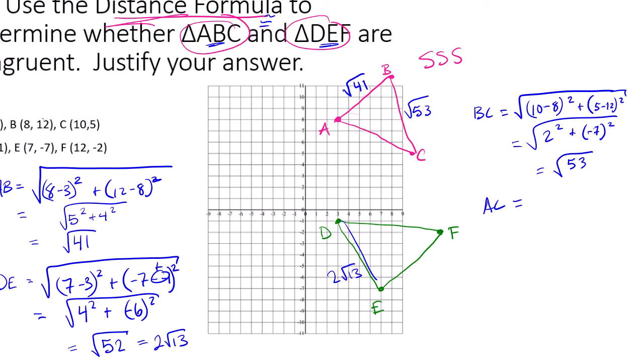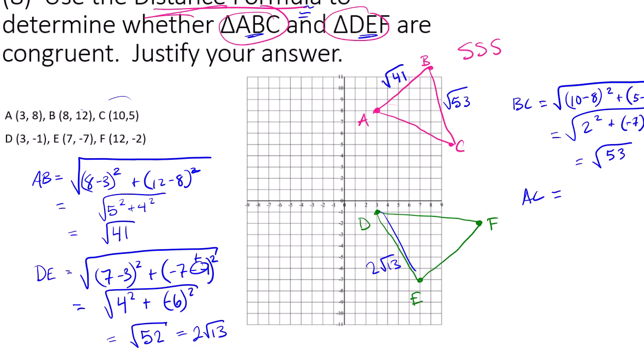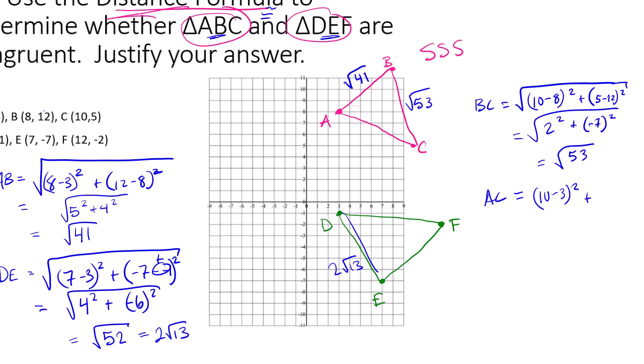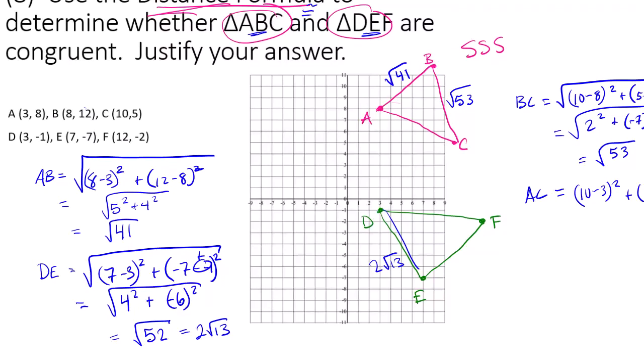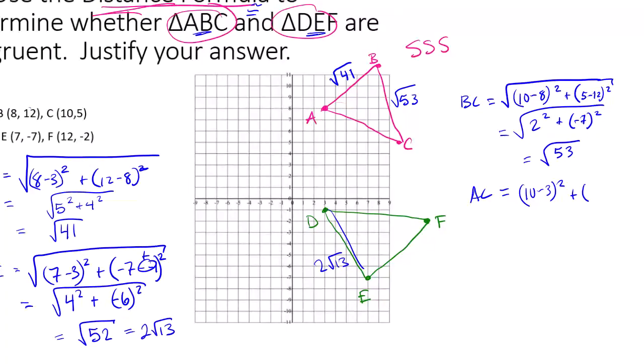So for AC, so A and C here, we're going to do 10 minus 3, quantity squared, plus 5 minus 8, quantity squared, and we'll take the square root of all that.